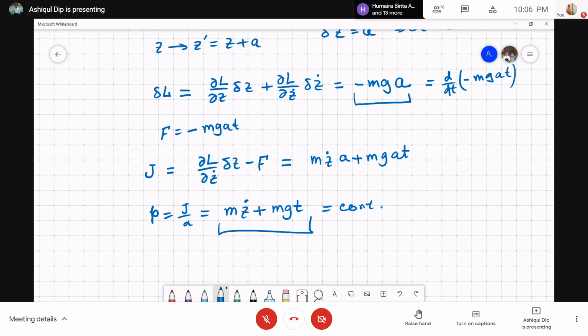Neat, right? So even though everything is moving, there is a conserved quantity, but that conserved quantity may have an explicit time dependence, that's all. The total time derivative of that thing is 0.